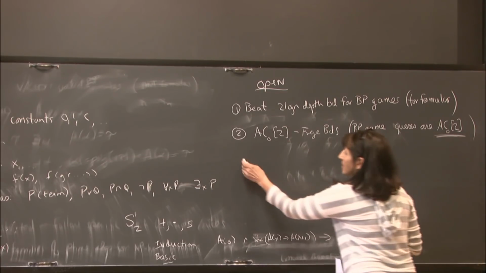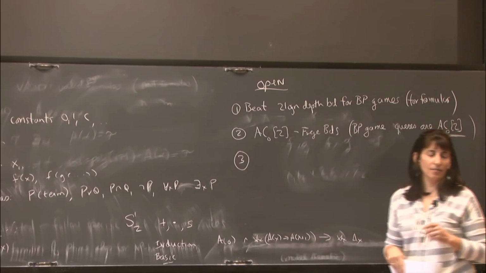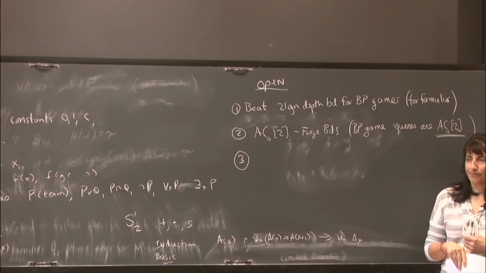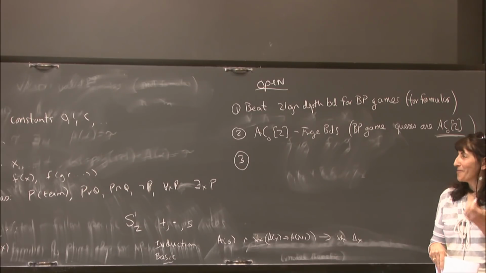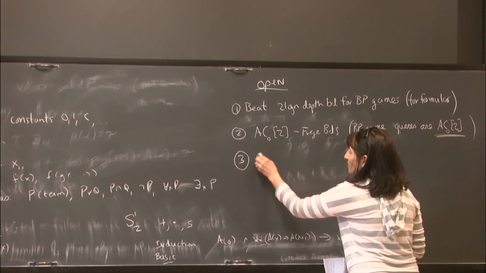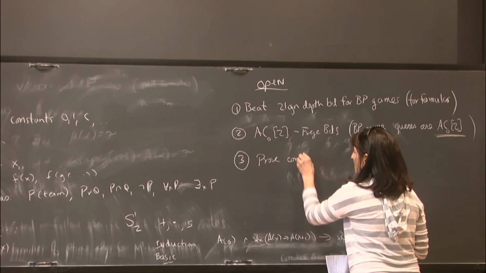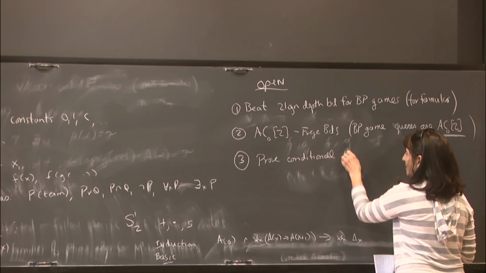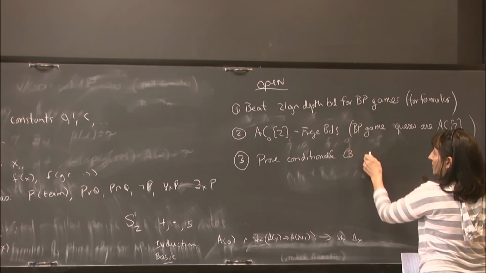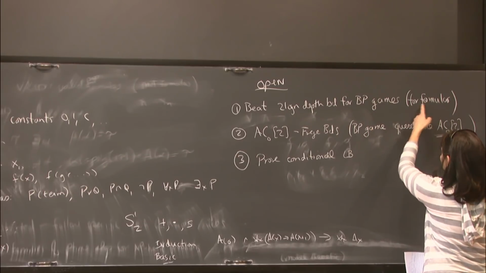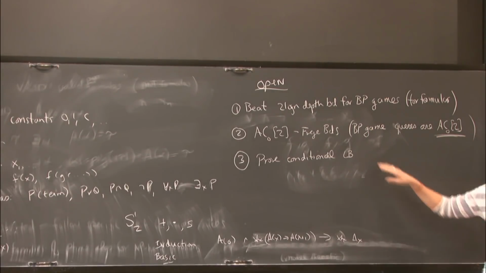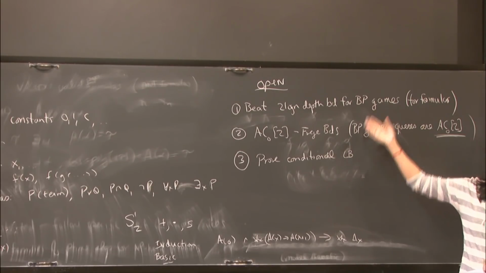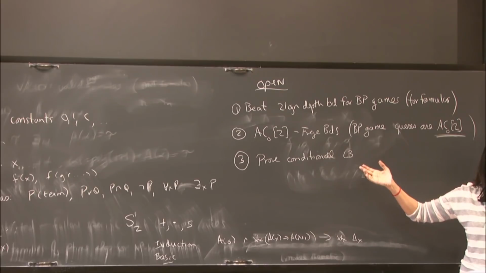And then lastly, this is a problem that Jan Krajíček and Sasha Razborov have been talking a lot about, which is to prove some conditional, basically any conditional lower bound, for either the formula game or the AC0[2] game. By conditional bound, we know that if NP doesn't equal co-NP, then obviously every proof system is not polynomially bounded.